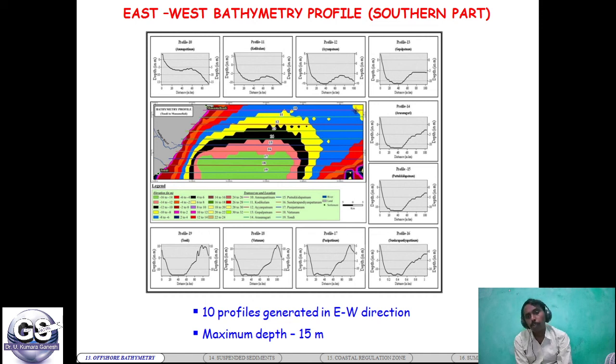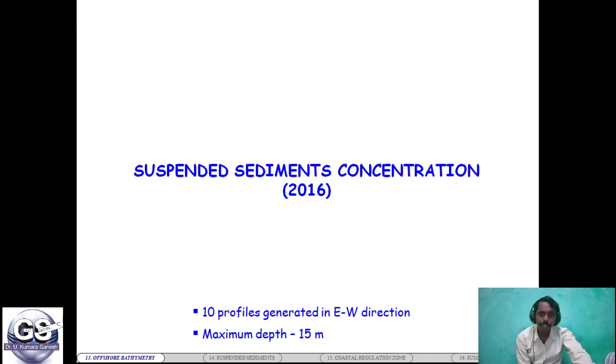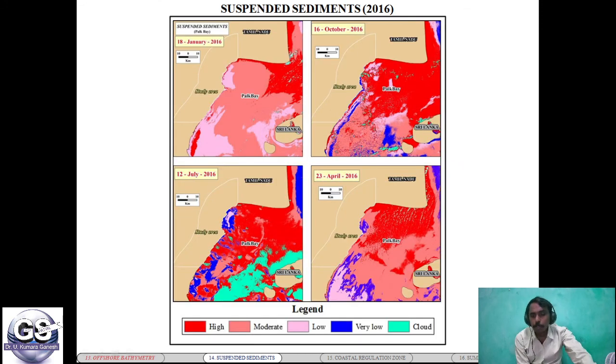To understand the seasonal changes of suspended sediment concentration, different image processing techniques, particularly principal component analysis and supervised classification, were attempted using the Landsat series of data for the year 2016, and different seasonal data were processed.